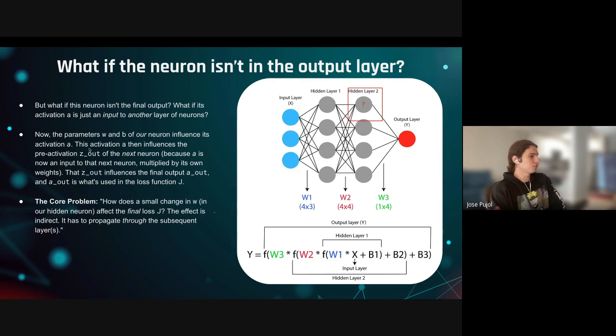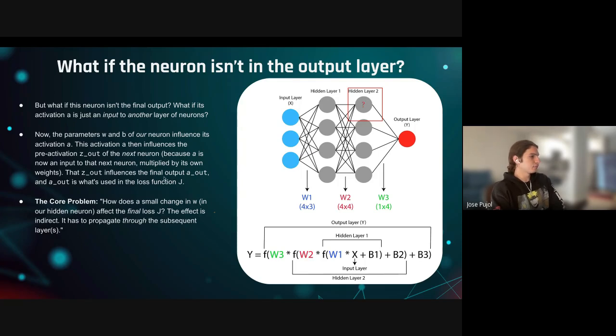Well, the parameters W and B of our neuron influence its activation A. The activation then influences the pre-activation Z of the next neuron, because the activation is now the input to the next neuron. So essentially, this output layer neuron is going to be affected by this neuron in the second hidden layer, right?